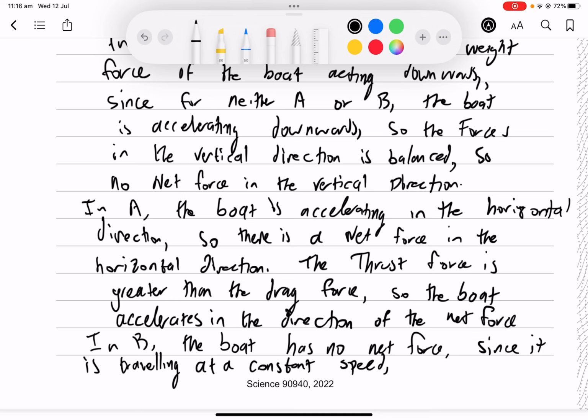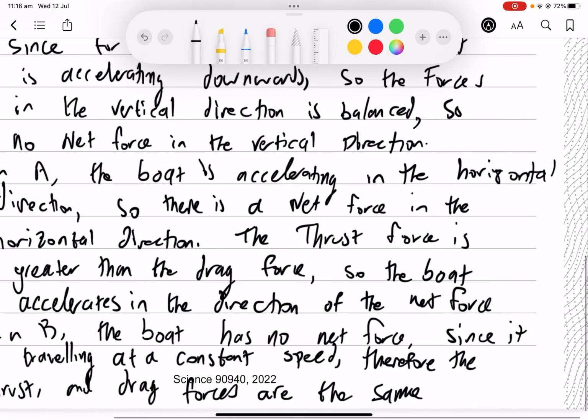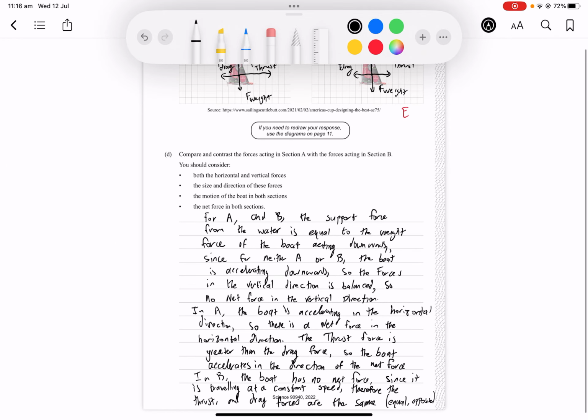Therefore, the thrust and drag forces are the same. When I say same, I mean equal but opposite direction. Yeah, and that's all we really need to say for this question.